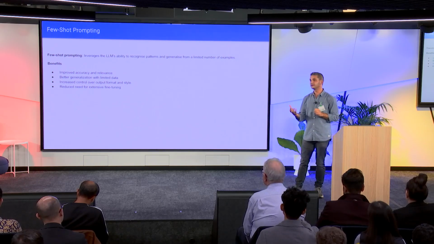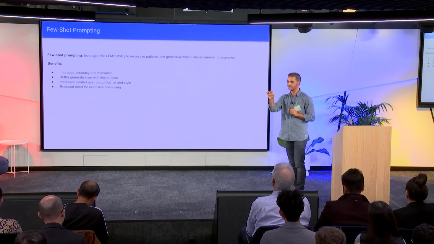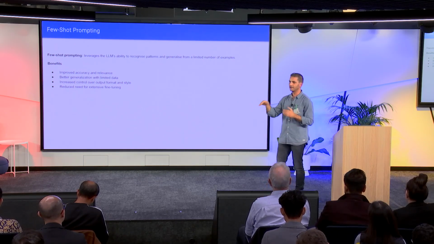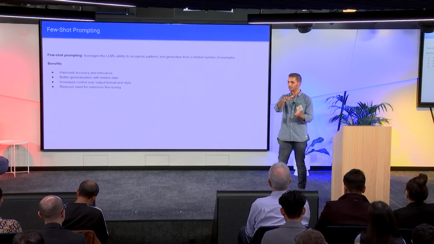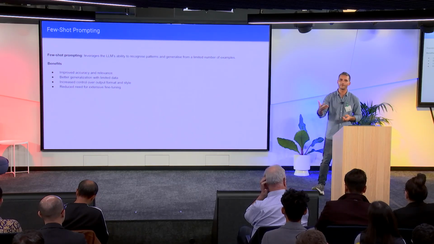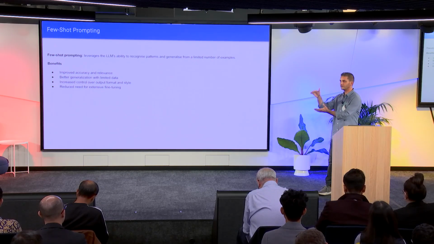But if you instruct it clearly, I want these things only from the transcript in a JSON format, and here is the example, which one do you think is going to be a better output? Obviously, the one where you provide more information, more context, with a set of examples.